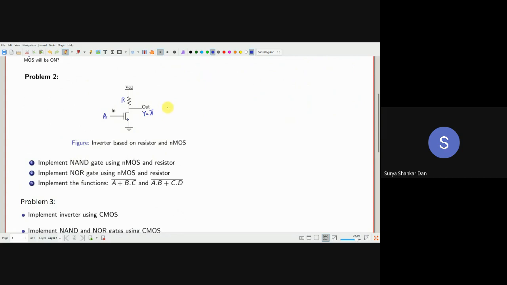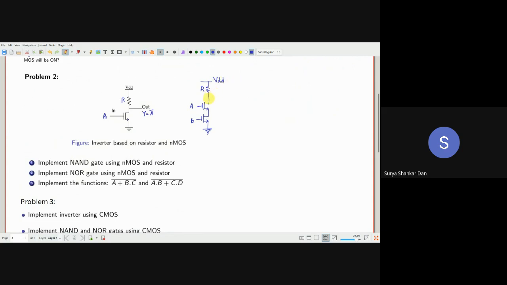So in this case, for the NAND gate, what we should do is this. We will put the arrows here. The two inputs are A and B. And then we will have the resistor R, and this happens to be your VDD.